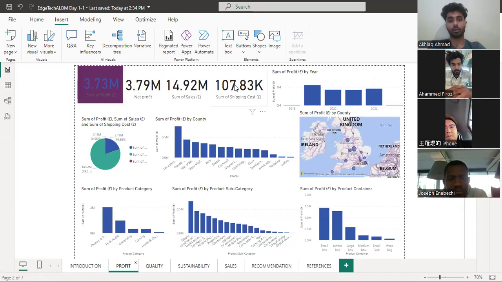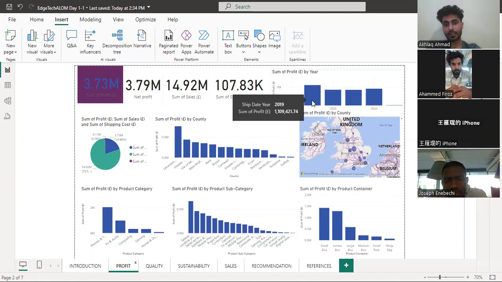And this is the cost, the sum of shipping cost for these sales. If we look at the sum of profit by year, the most profit that we get is in the year 2019, and after that we get a good response.